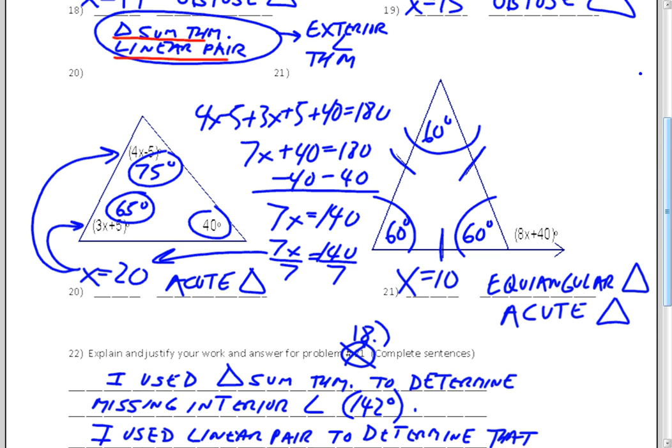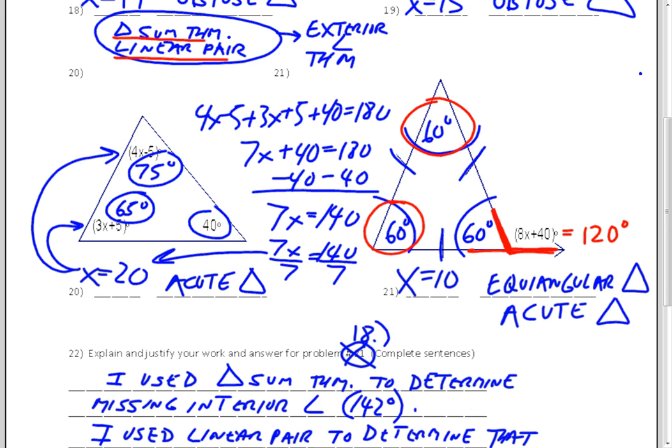Equiangular, acute. If that's 60, and I've got a linear pair there, what is 8x plus 40 going to be equal to? I just want to take a look. Circle these two right here. Those two are considered the remote interior angles because they're far away from the exterior angle.